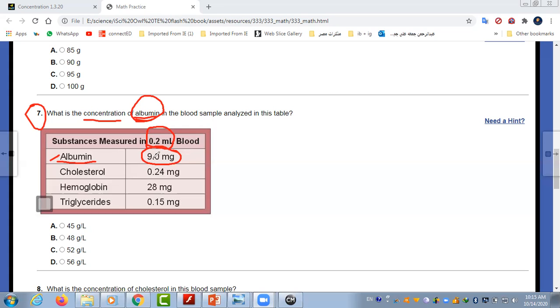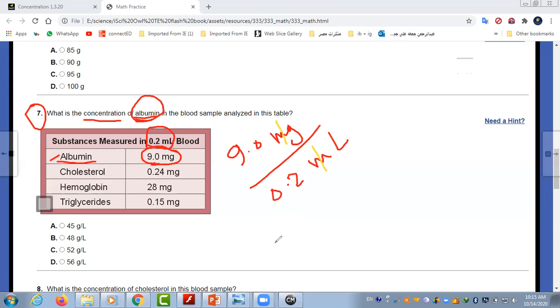So this 9 milligram is mass, and I divide by 0.2 milliliter because this one is volume. Shabab, notice that milli will be cancelled with milli. So we have 9 divided by 0.2.